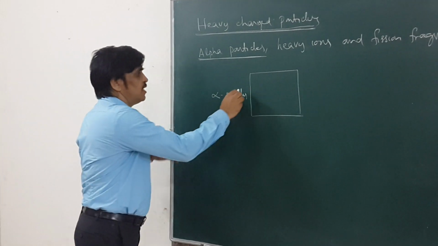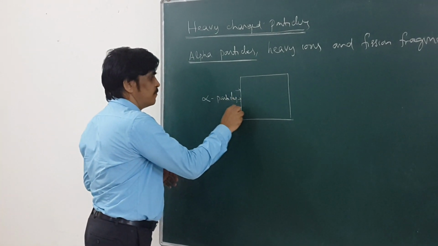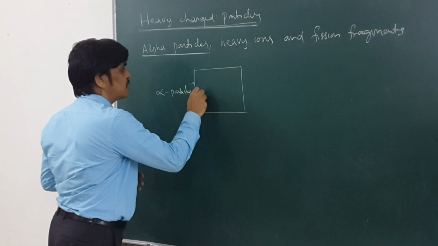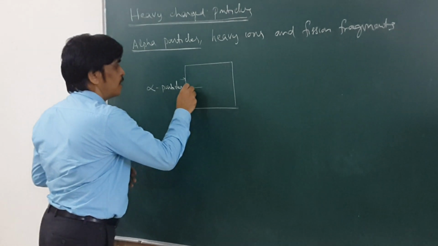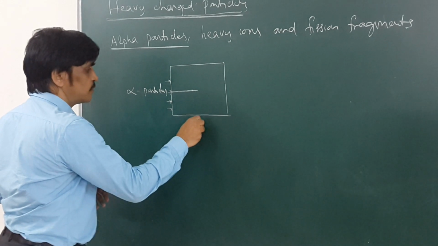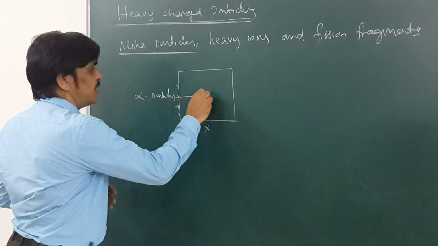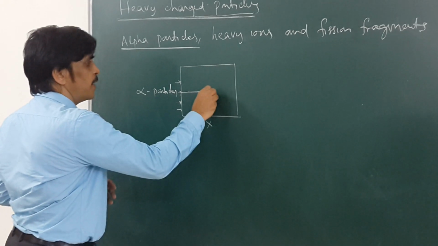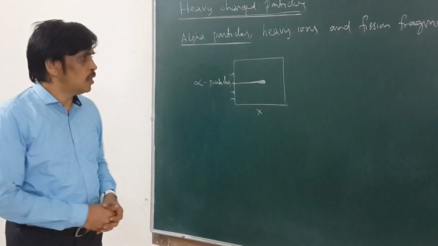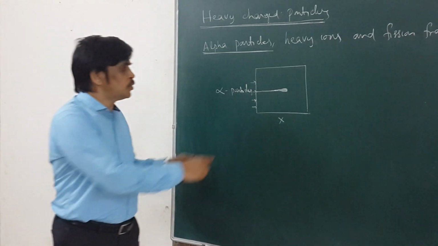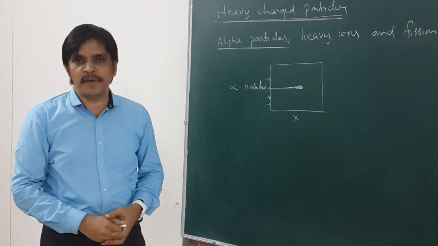If you consider the alpha particles entering this particular medium from left to right, you will see that they move almost in a straight line, and the ionization intensity increases with the thickness of the material medium, and the intensity of ionization will be maximum at a point which is equal to the range of that alpha particle. This range depends on the energy of the alpha particle and also on the property of the material medium.